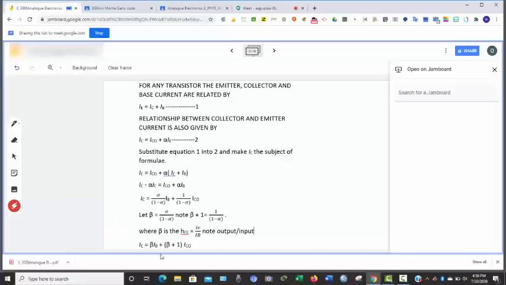Then I say let beta equal alpha over 1 minus alpha.